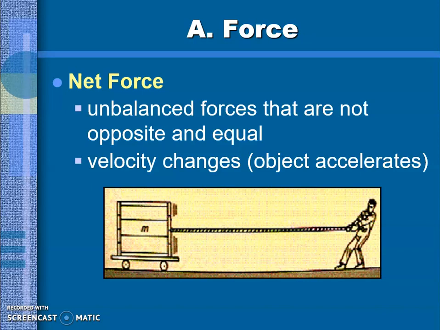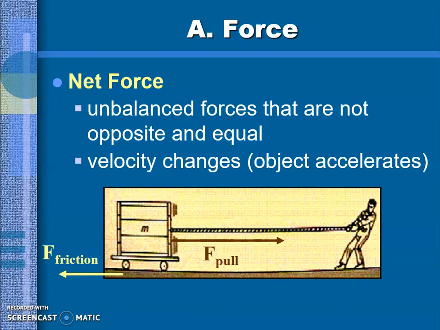So for example, let's take a look at this image here. We have a man pulling on a rope attached to an object sitting on a cart with wheels. We have the force of the pull, so the man pulling on the object is one force.